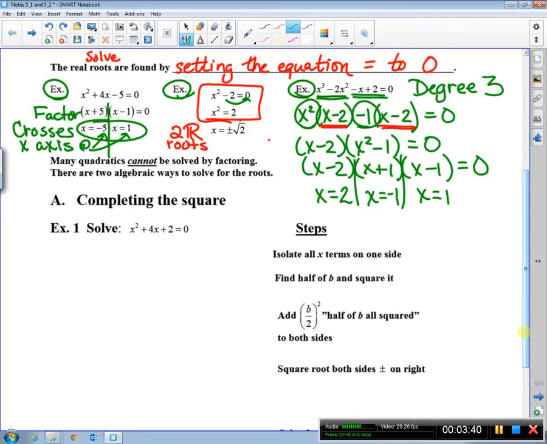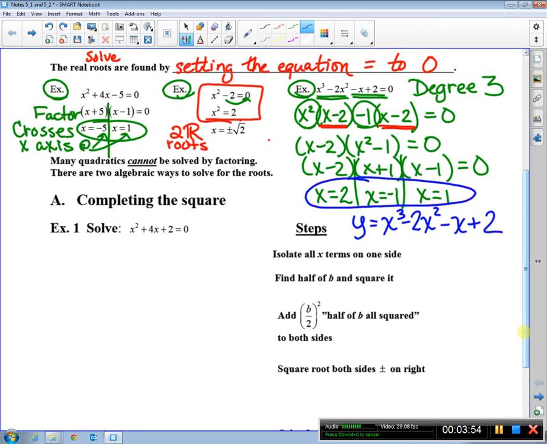So I know that if I graphed this polynomial, if I put into my calculator y equals x cubed minus 2x squared minus x plus 2, I would see it hit or cross the x-axis at these 3 places.